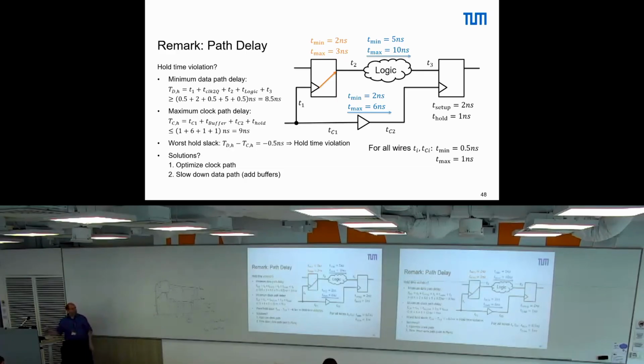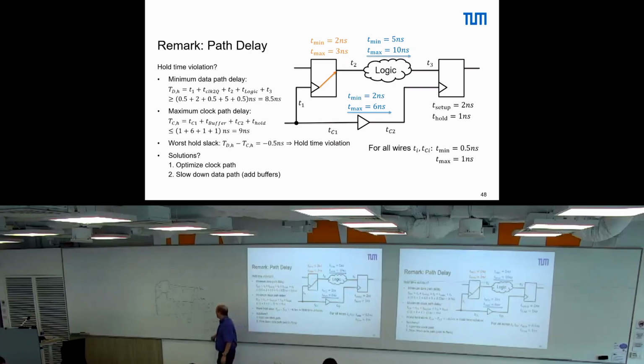And in reverse, if this is positive, then you have actually ensured that you have no hold time violation. Most of the time, the hold times in a circuit are pretty okay.